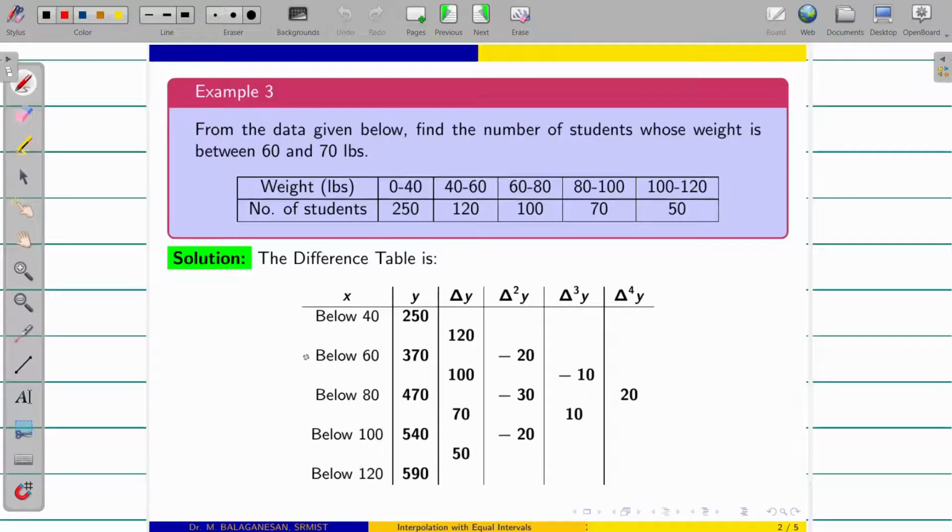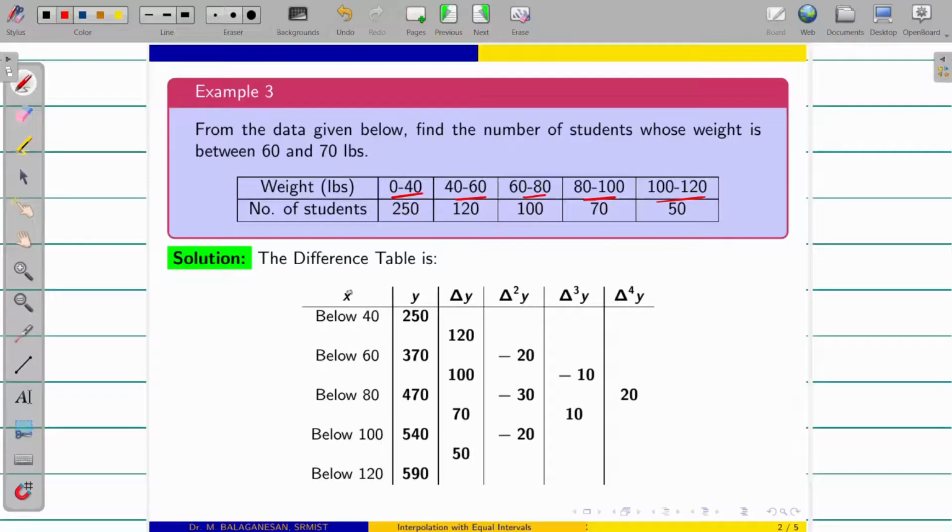That's it. So we have changed 0 to 40, 40 to 60, 60 to 80, 80 to 100, 100 to 120 into raw data like below 40, 60, 80, 100, 120. So it is equally spaced, because the difference H is 20 in all the places.